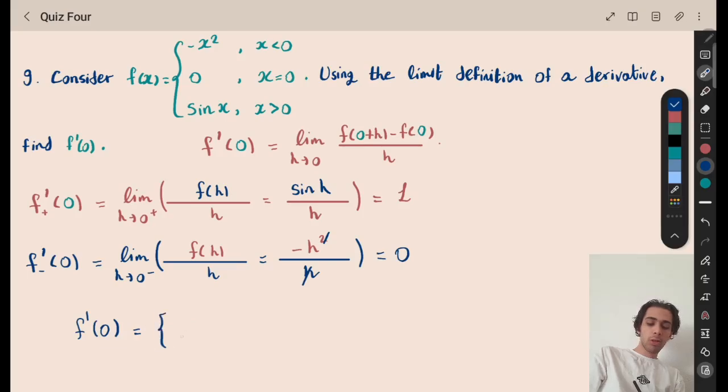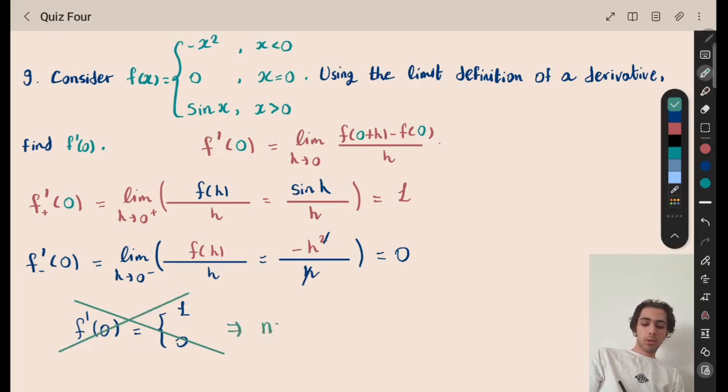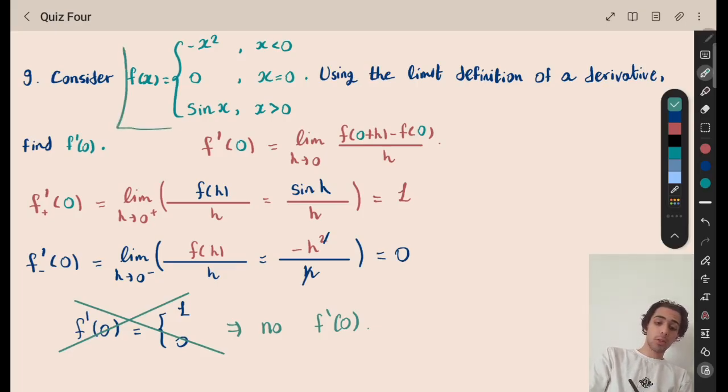So it cannot return both 1 and 0. If there is an error with this construction, then there is no f prime of 0, because f prime of 0 should give me one number, but it gives me 2. So there must be no derivative at 0 for this function.